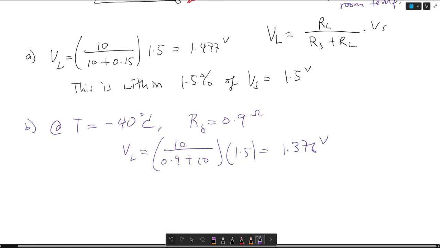As you can see, ignoring RS altogether would lead to an error of about 8%.